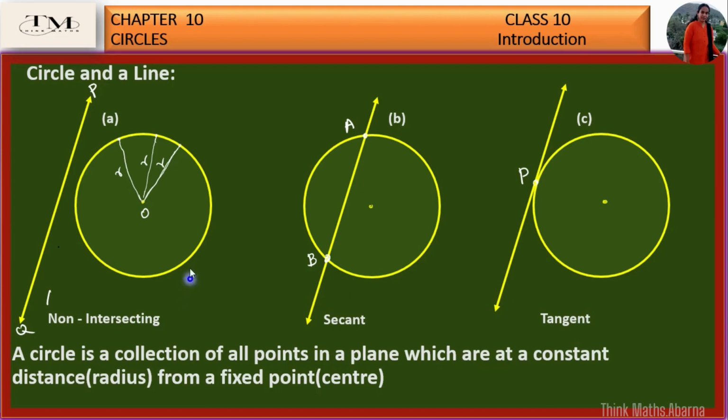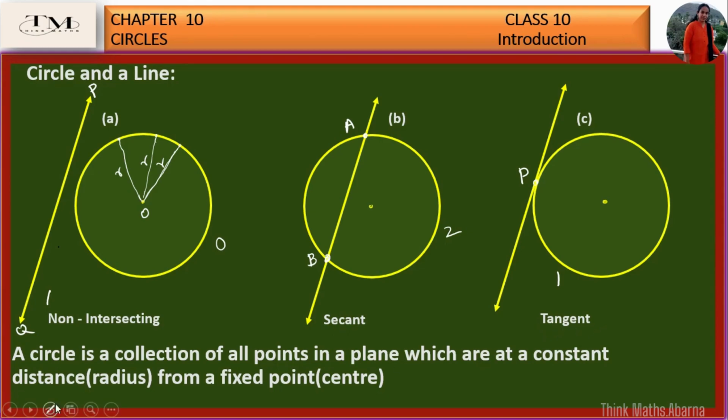So the point of contact here is 0, here it is 2, and here it is 1. According to that, if the point of contact is 0 it is non-intersecting, if it is 2 it is called secant, and if it is 1 it is called tangent.